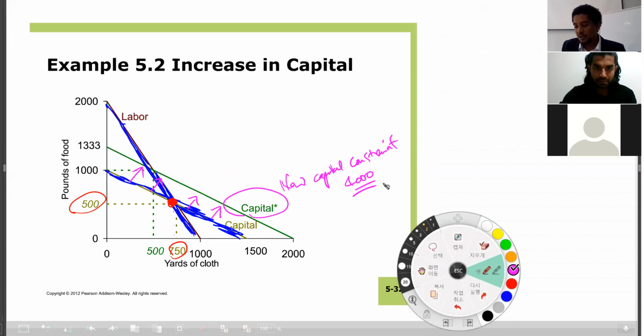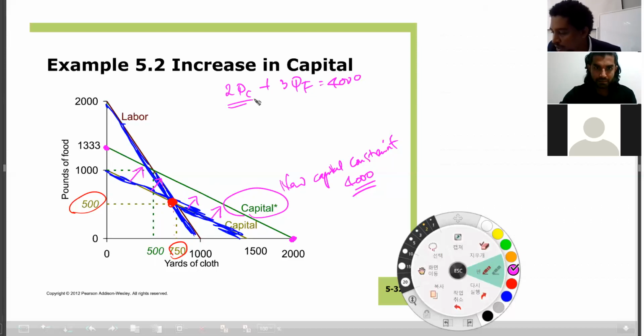So now we have a new point, which is 1,333 for food and 2,000 for clothes.